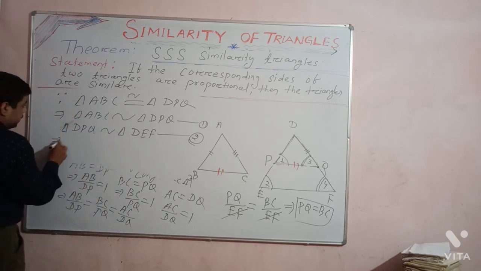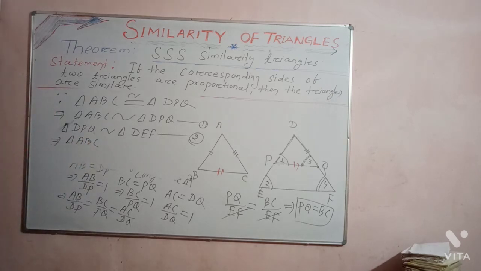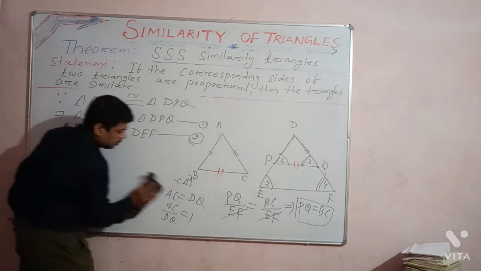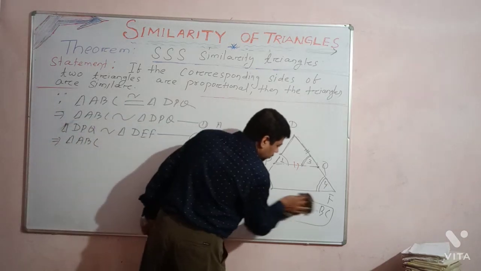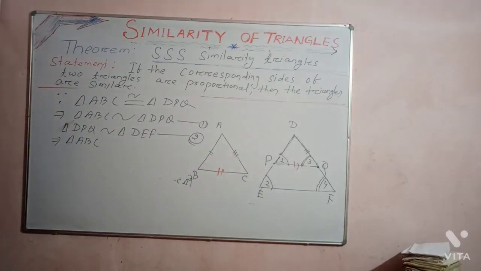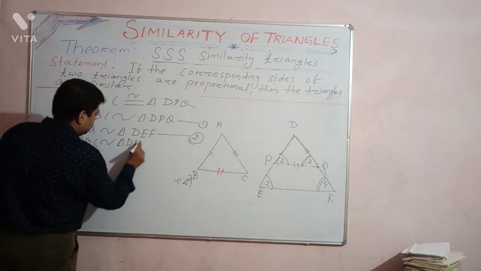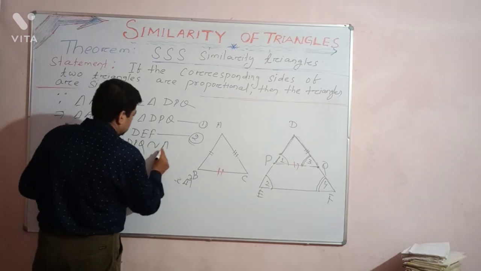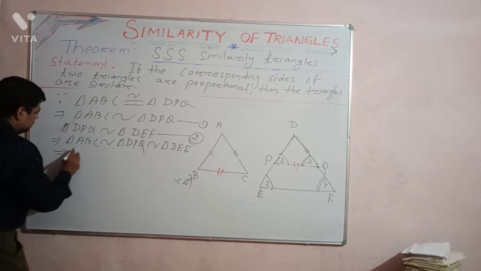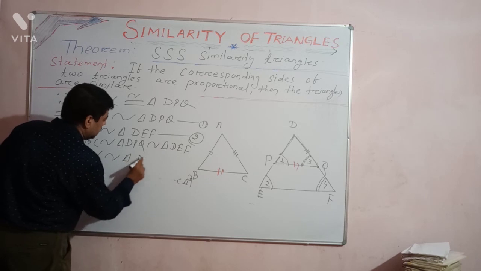From these two points we are getting that triangle ABC is similar to triangle DEF.